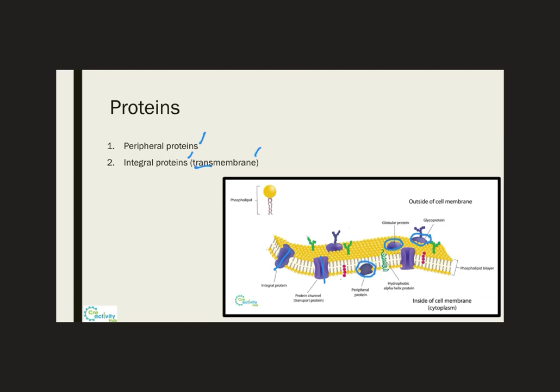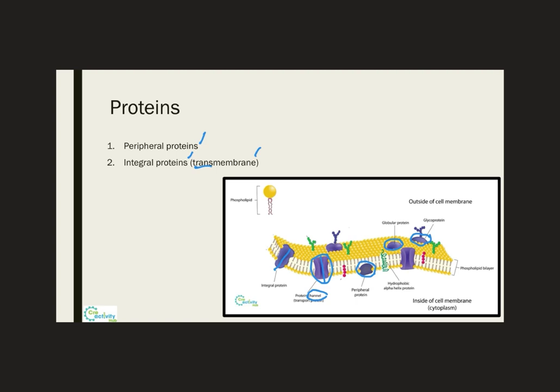Now, some integral proteins form channels that will let water molecules, ions, and small water-soluble substances into or out of the cell. And this means that the communication between the interior and exterior of the cells will occur through these channels. An example will be a carrier protein.